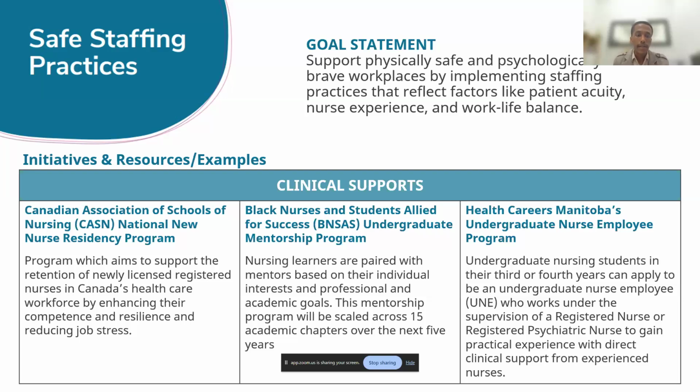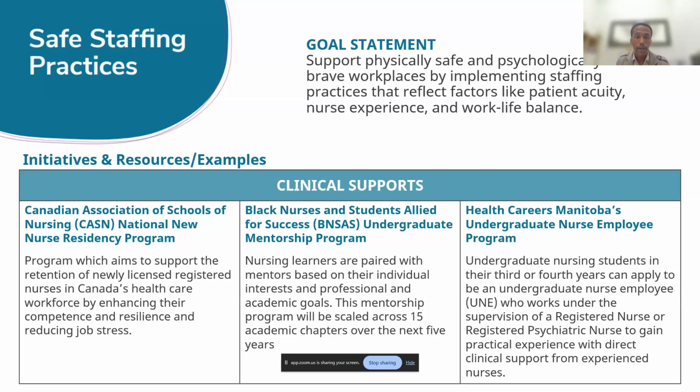This initiative, the Black Nurses and Students Allied for Success Undergraduate Mentorship Program, was organized by the Canadian Black Nurses Alliance to ensure that students studying in nursing who identify as Black can get some mentorship and support from more senior professionals and mentors that would aid in their completion of the program and thus help with the massive gap we have of diverse professionals in healthcare.